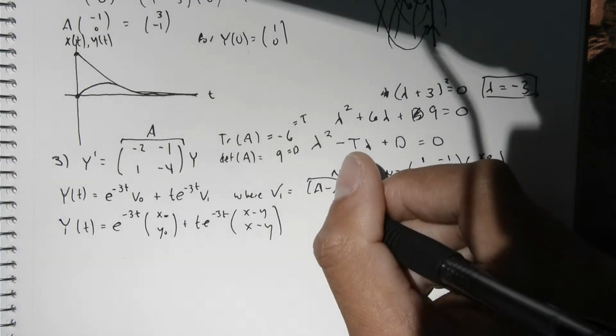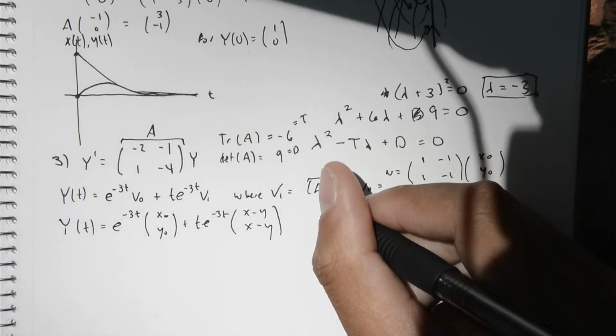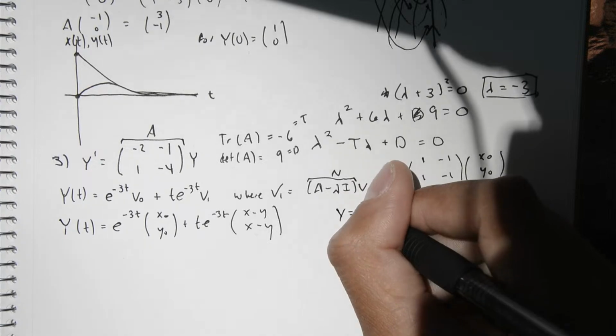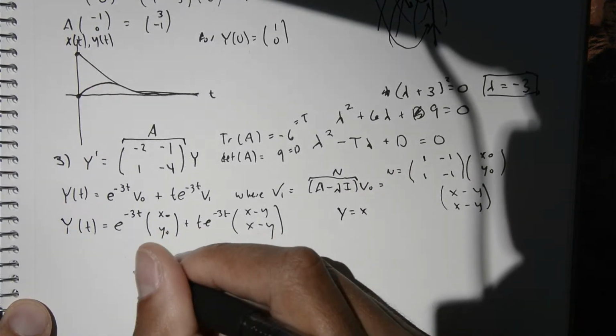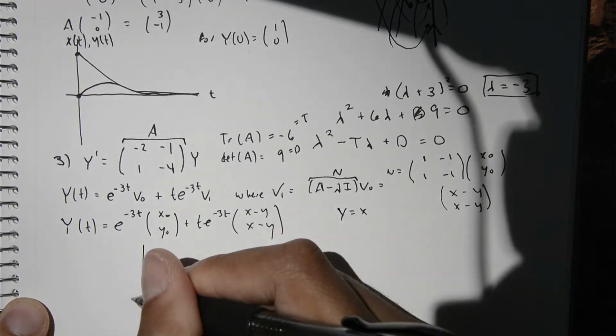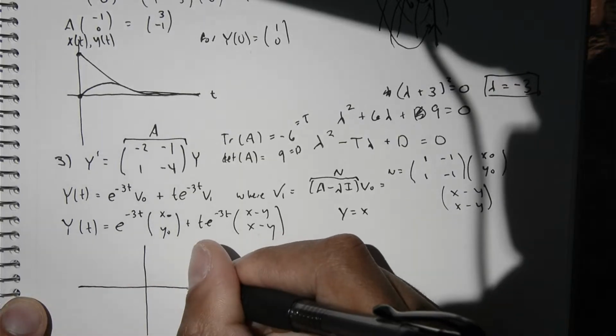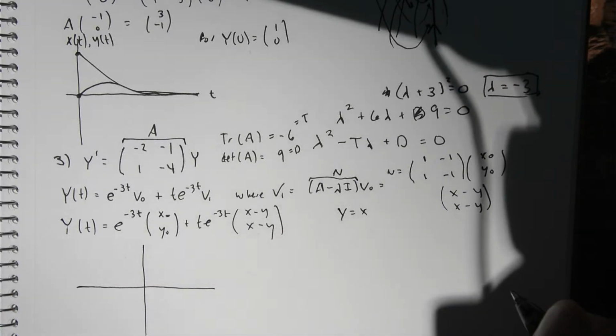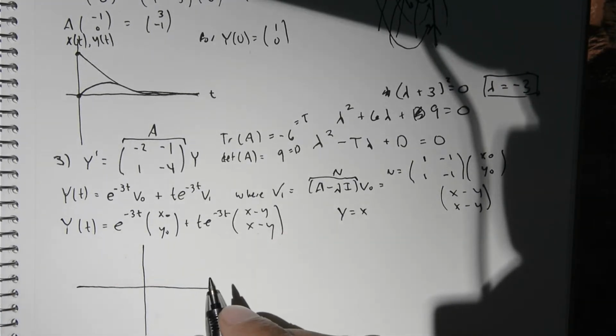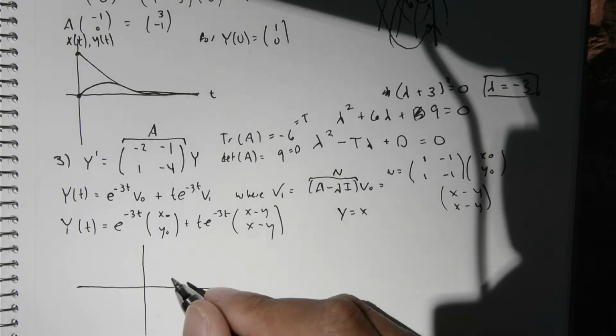So our eigenvector is the line y equals x. So if we're going to now plot this thing, we have this line here.